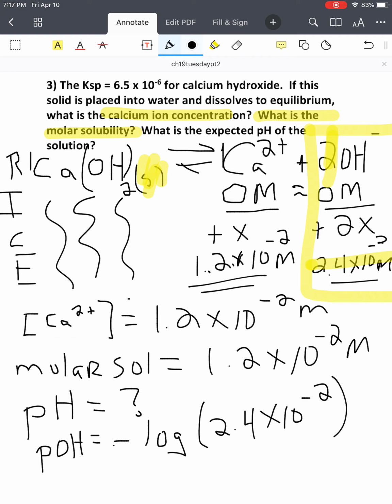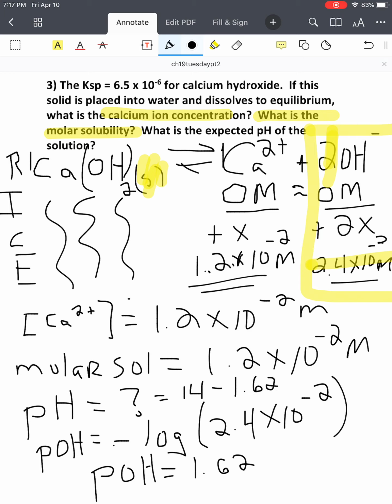So I'm going to do that on my calculator. Negative log of 0.024. When I did that, I got 1.62. Now that's not my pH, that's my pOH. Remember, my pH is going to be equal to 14 minus my pOH, or 1.62.